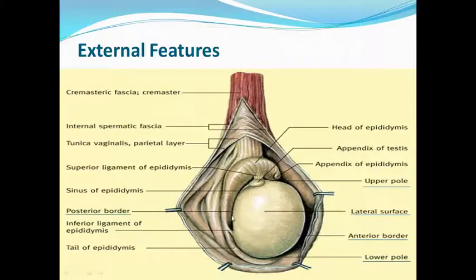The posterior border is more or less straight, as you can see in this figure, and is partially covered by tunica vaginalis, the outermost covering of testis. Now this is the epididymis, and it lies along the lateral part of the posterior border.